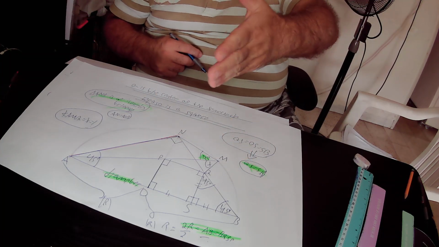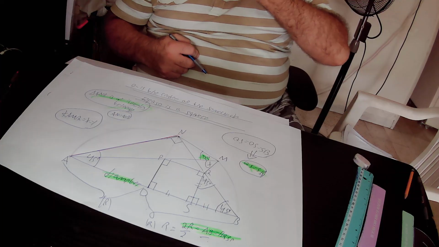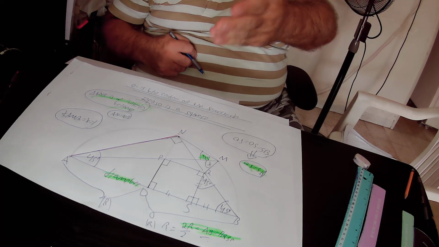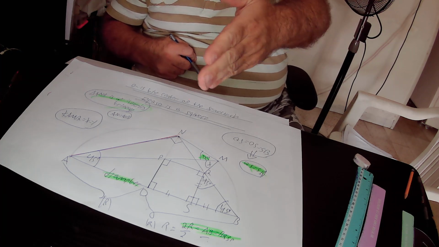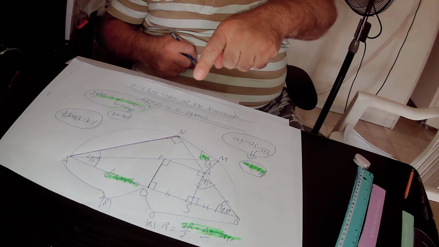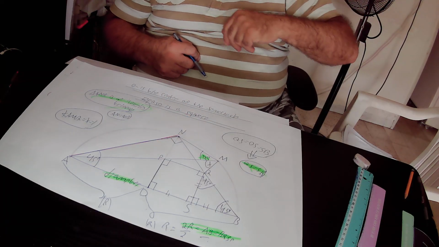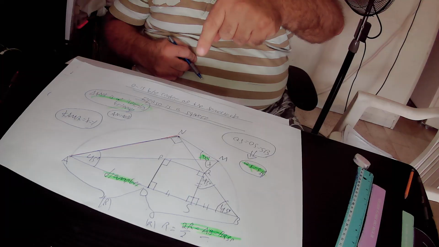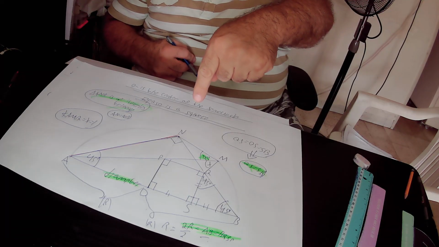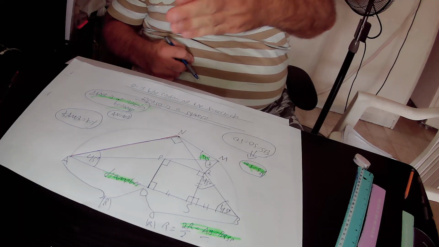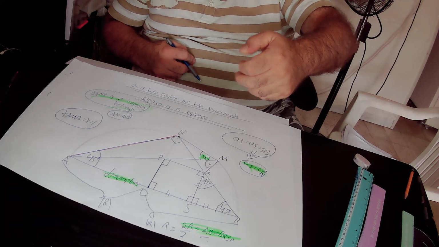What is the midpoint of any diameter? The midpoint of any diameter is located at the center of the circle or semicircle. In this case, the midpoint of the diameter AB is located at point O, that is the center of the semicircle. Therefore, the perpendicular from point N to the base AB touches the base AB at point O, the center of the semicircle.